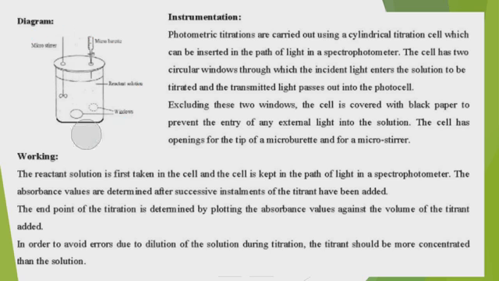So such a cylindrical cell is used in the titration and is put in the path of the light of the spectrophotometer. The cell has two circular windows through which the incident light enters the solution to be titrated and the transmitted light passes out into the photocell.